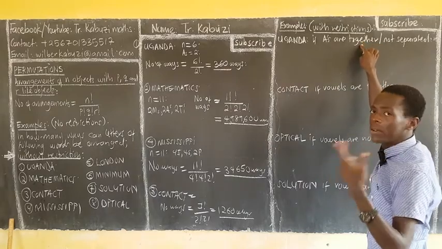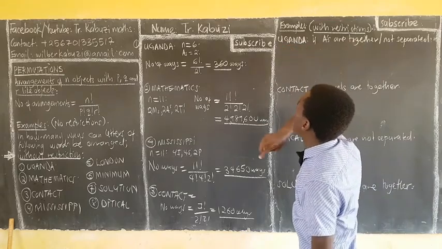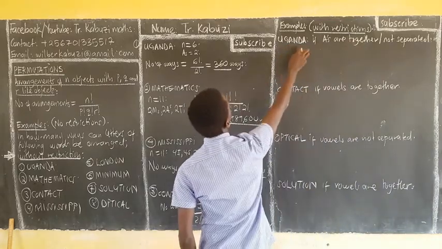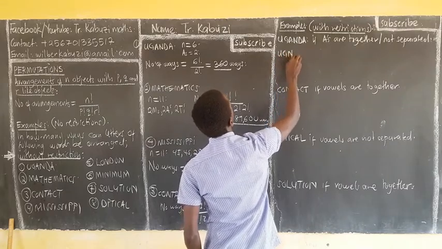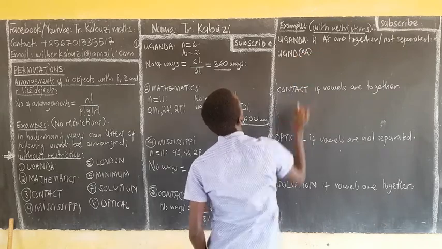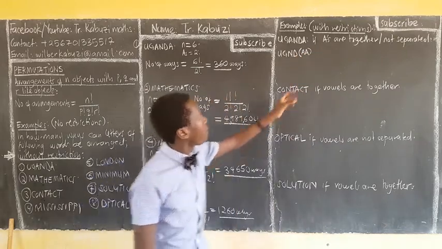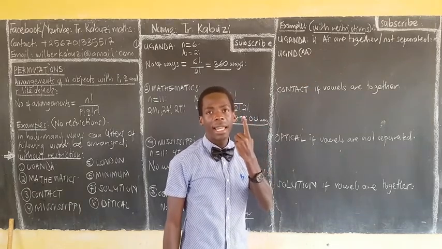After they restrict you like that, you write the word again. The A's should be together, and you have the letters U, G, N, D. Now, if the A's are together, you treat them as one letter.